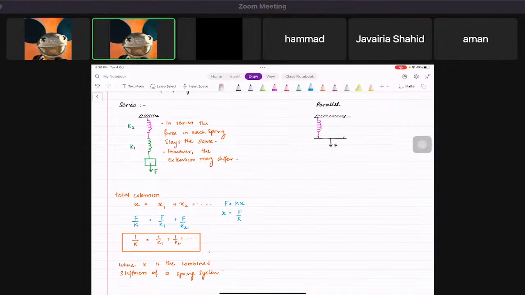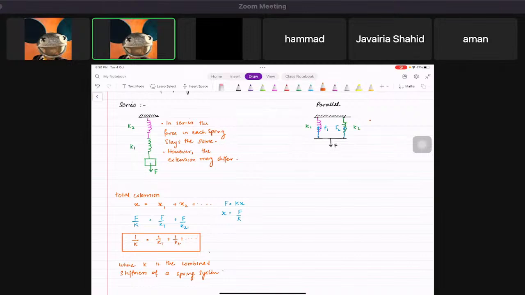So suppose that this is K1, this is K2. So in a parallel system, the main difference is that the forces are now divided. Each one basically picks up a different force, okay? But the extension is same because it's being pulled together, okay?